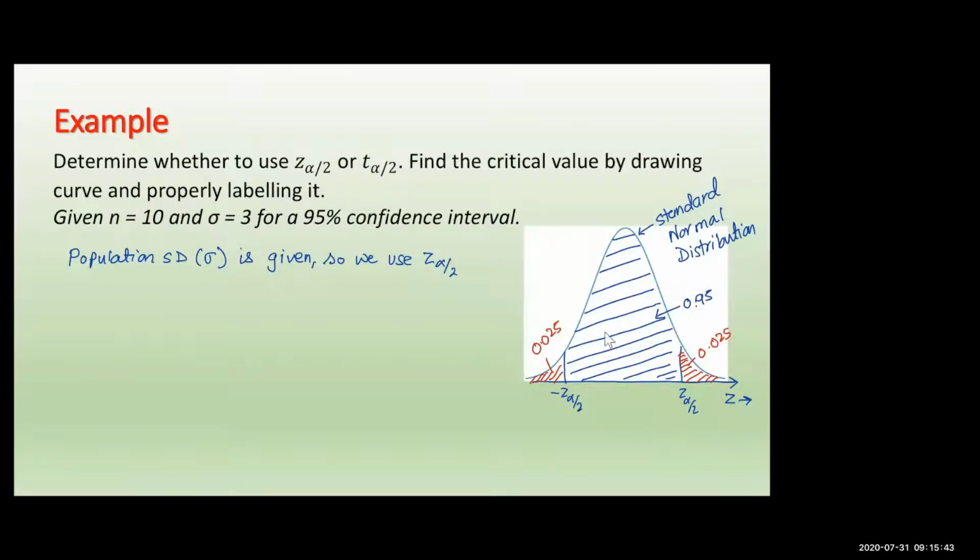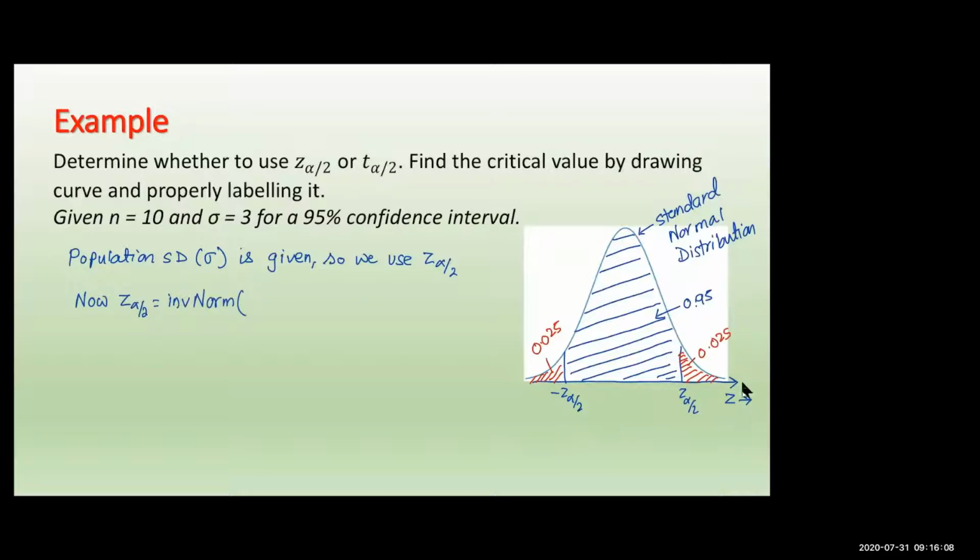Once we have everything set up and the picture is clearly labeled, we can find the Z alpha over 2. Because we are calculating the variable along the x-axis, we use the inverse distribution. In this case, we are using the inverse of the standard normal distribution, so we write inverse normal.